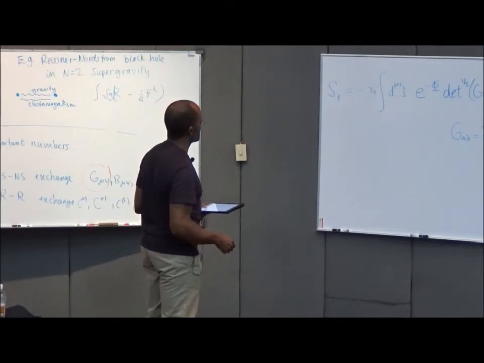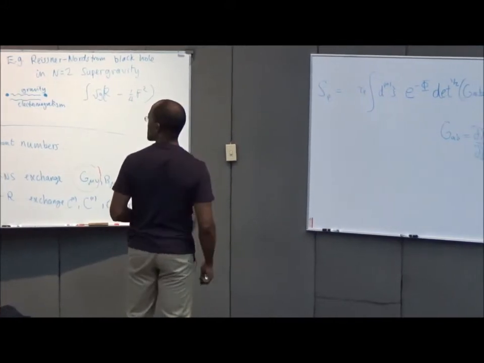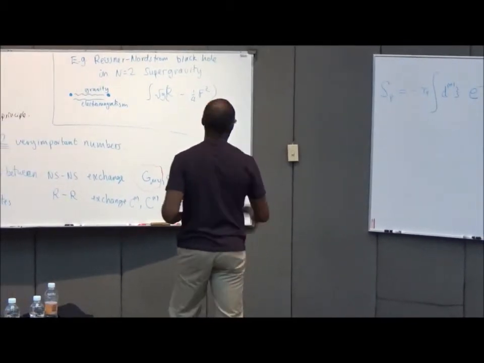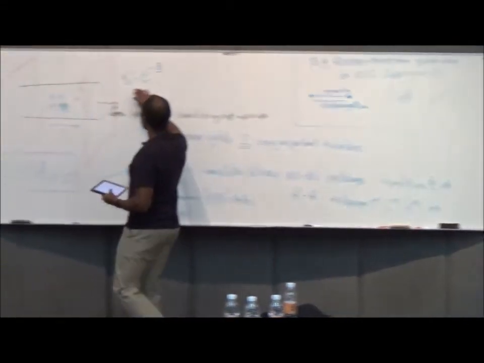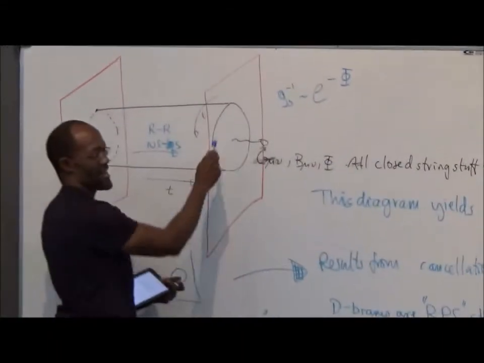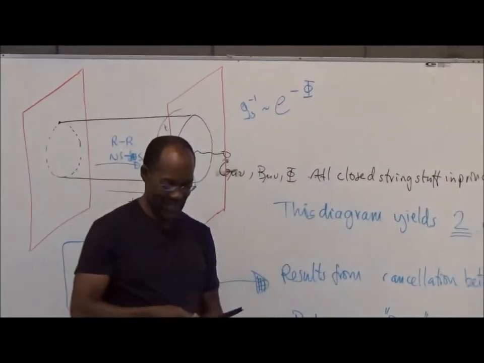For the annulus, yeah. Oh, I'm sorry. Yes. There's this and there's that. It's this square. Thank you.